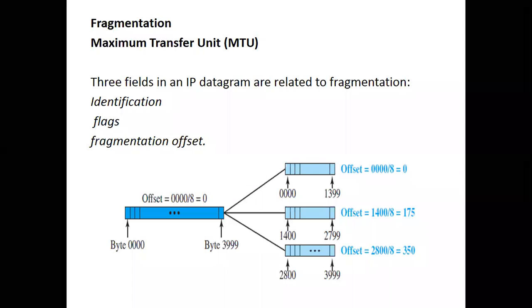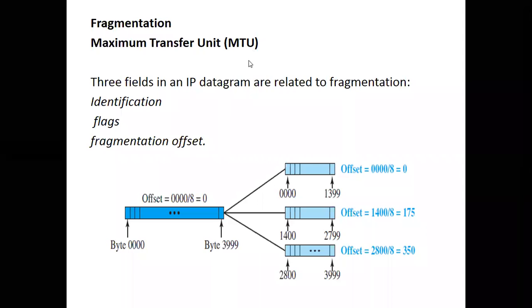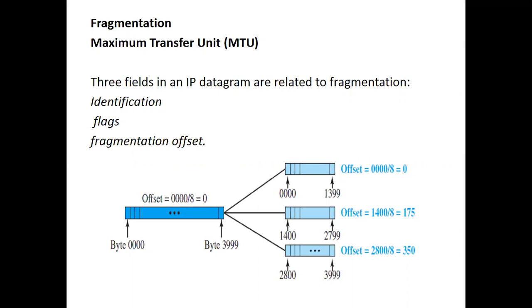This capacity is called the maximum transfer unit, MTU. This MTU is recorded in the IP protocol data, and it indicates which router supports which kind of MTU.